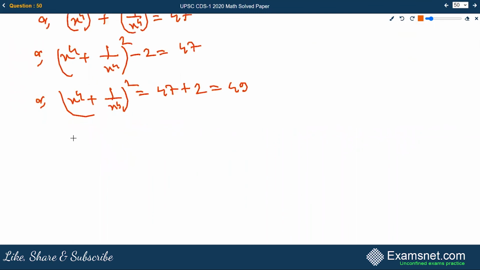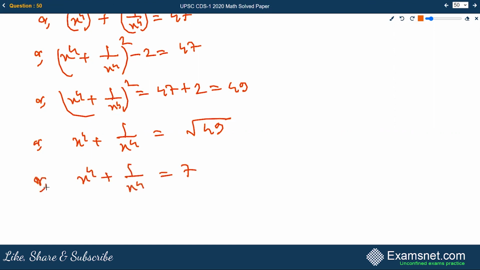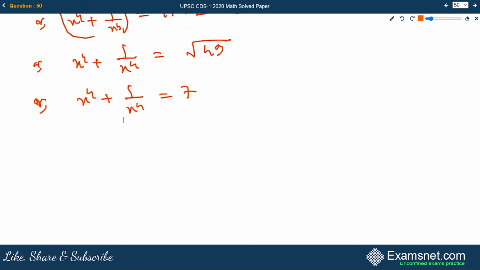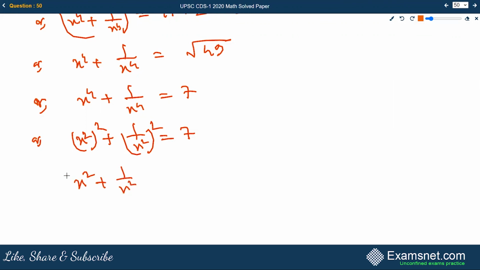Great. So next, x to the power 4 plus 1 by x to the power 4 can be written as root under 49. Root under 49 will give us 7. X to the power 4 plus 1 by x to the power 4 equals 7. Further, I can expand it this way: x square whole square plus 1 by x square whole square equals 7. With the help of the formula, you can write x square plus 1 by x square whole square minus 2.